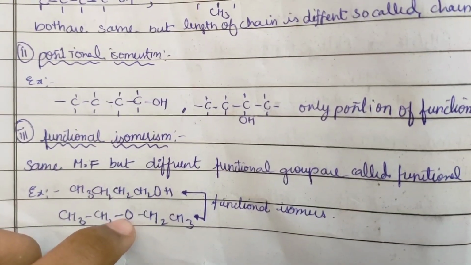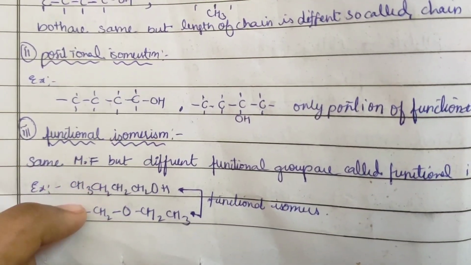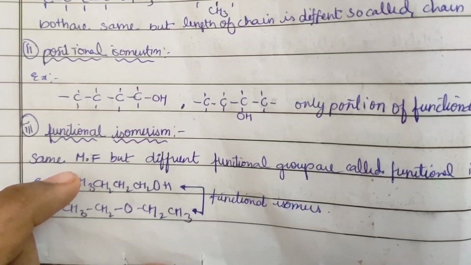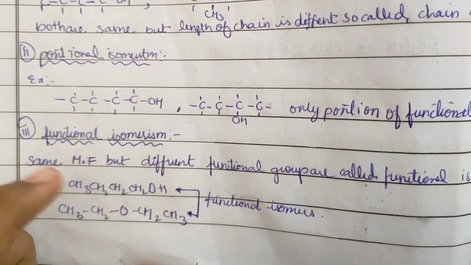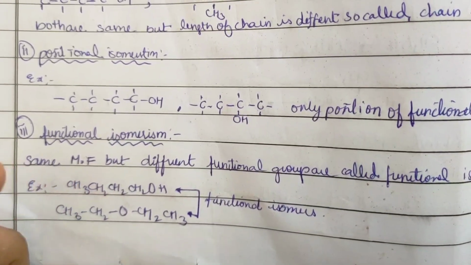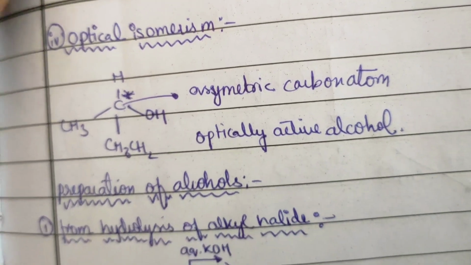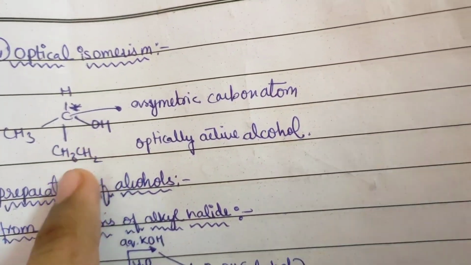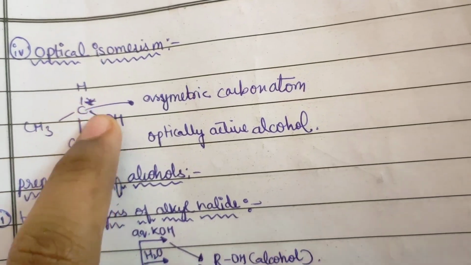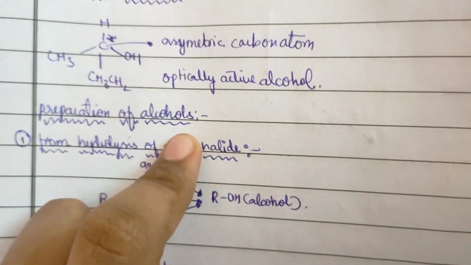So the molecular formula is the same in both, but the functional group of this is alcohol and this is ether. So we can say they are functional isomers. Now optical isomers. Here you can see the structure of this compound, CH3CH2CHOHCH3. Here it is a chiral carbon and an optically active alcohol.